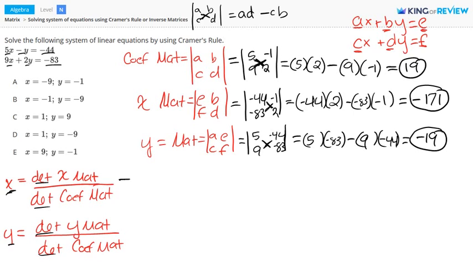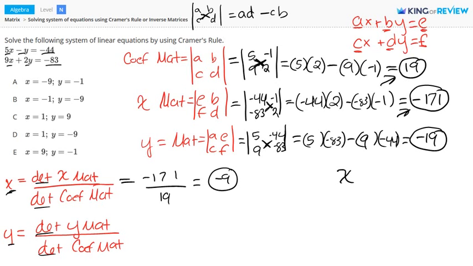So now to solve for x, we have the determinant of the x matrix. We solved for that here. That's -171, and this is over the determinant of the coefficient matrix. We solved for that. That's 19. And when we work this out, this equals -9.